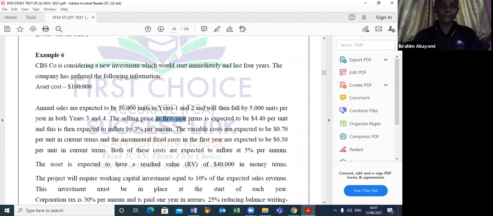So let us continue. The selling price in first year term is expected to be 4.4 per unit, and this is then expected to inflate by 3% per annum.